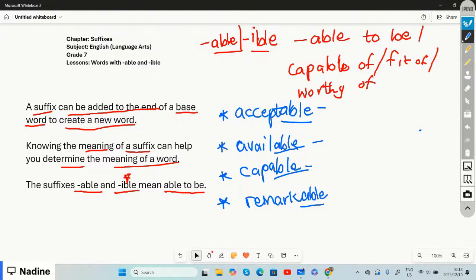And if we look at the meanings of basically all of these words, acceptable is like accepting something; available is like you're hands on, I'm here, I can help; capable and remarkable. And remember, we said that able means you are capable of doing something. You are able to be.